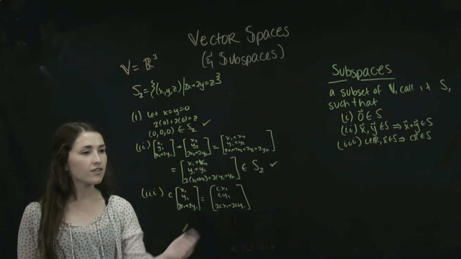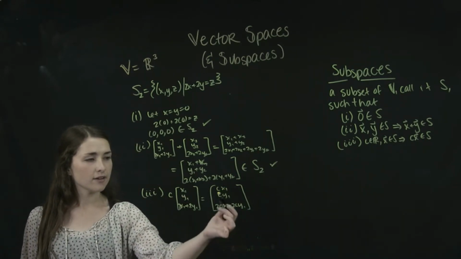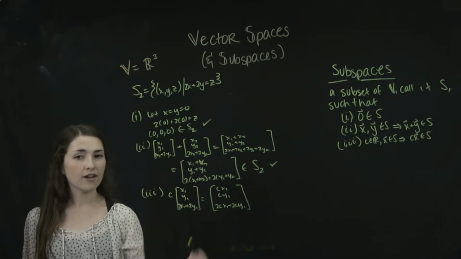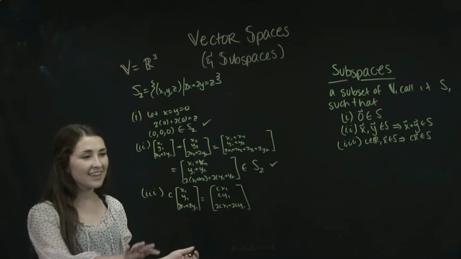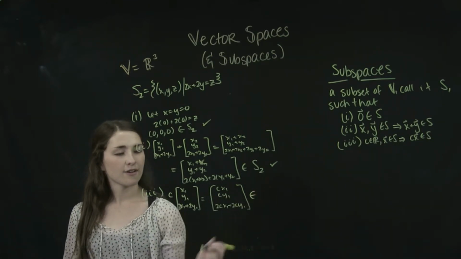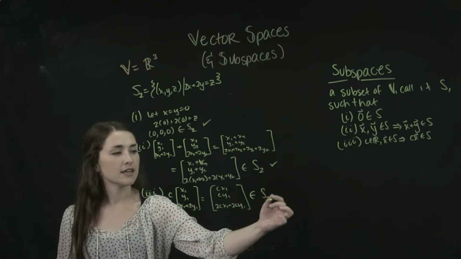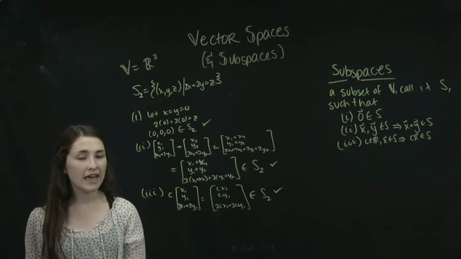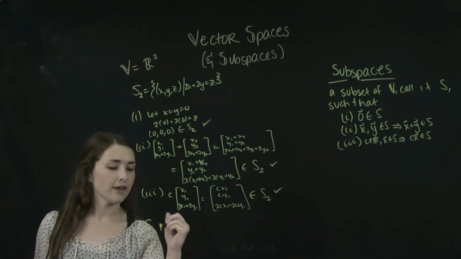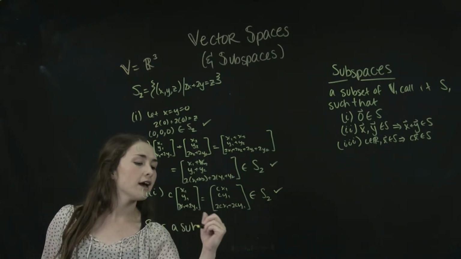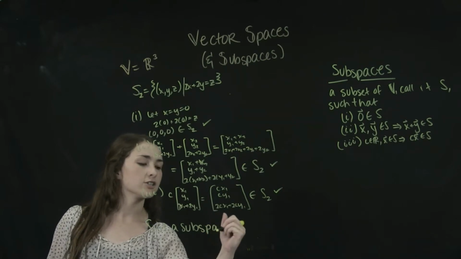So then we see that cx1 right there, cy1 right there. So then we see that this scalar multiple of this vector in our vector space is in S2. So then we know that this S2 is a subspace because it meets all of our conditions.